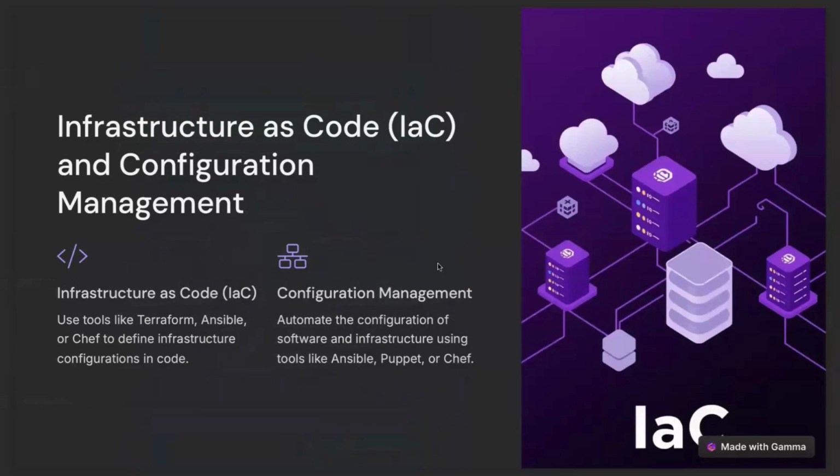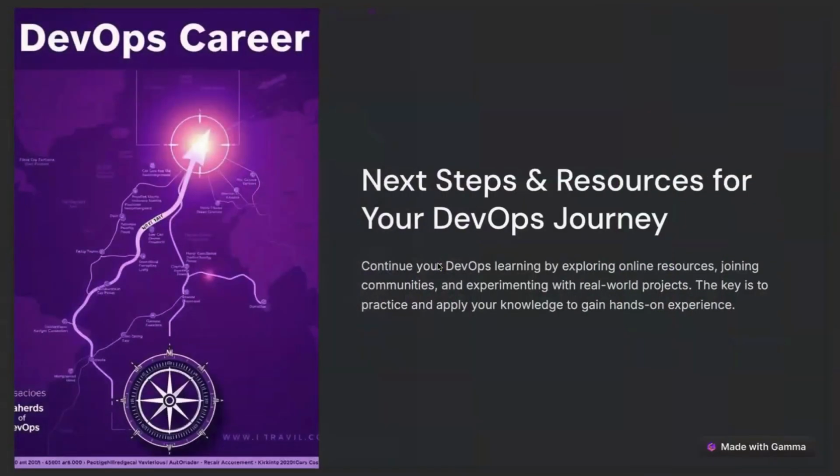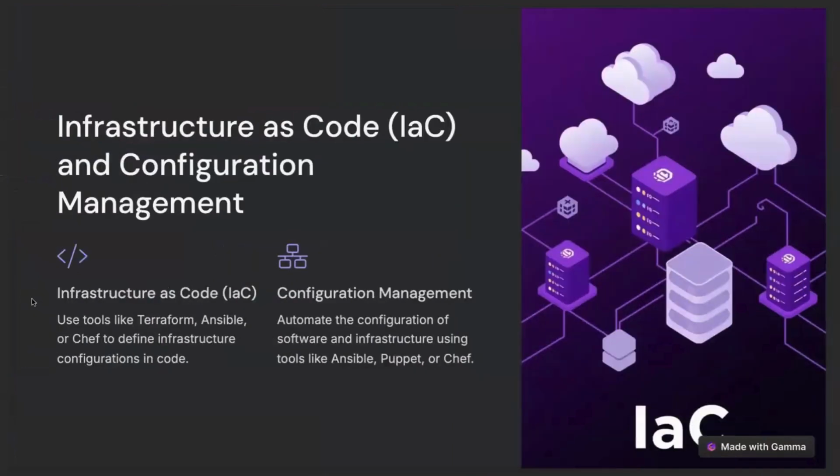Okay. So next steps: you can look up resources online to move forward on your journey. You can search for courses on Udemy, for example, centered around DevOps, or courses around some of these tools and toolchains.